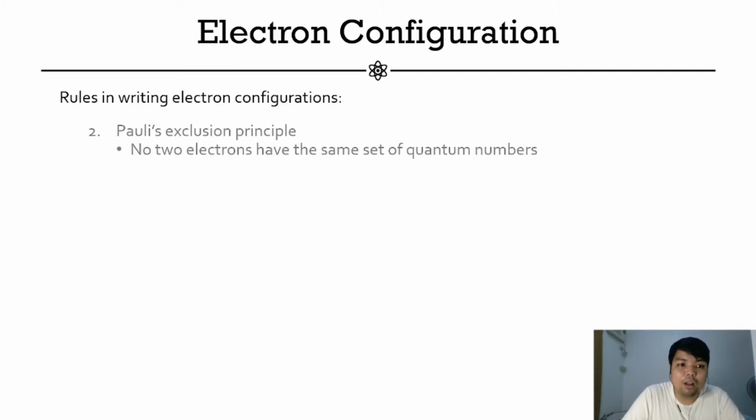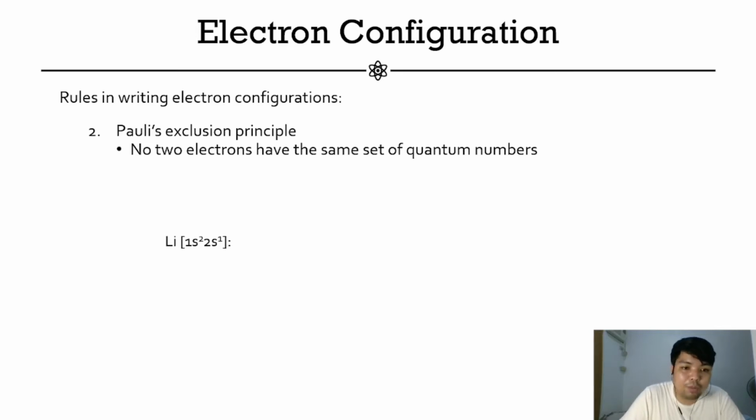Next is Pauli's exclusion principle, which indicates that no two electrons should have the same set of quantum numbers. Let's have an example wherein we apply both the Aufbau principle and Pauli's exclusion principle. We have here lithium with an electron configuration of 1s2 2s1. We try to draw its orbital diagram.